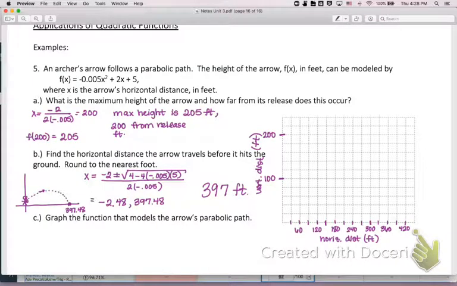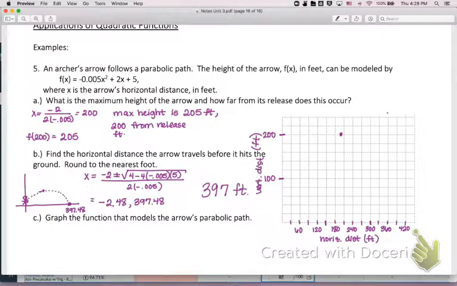Okay. The easiest way to graph this, we already know where the vertex is. It's at 200 and 205. So 200 is going to be a little bit before the halfway mark between 180 and 240, and we need to go up to 205. This is in no way perfect because we're not using a computer.